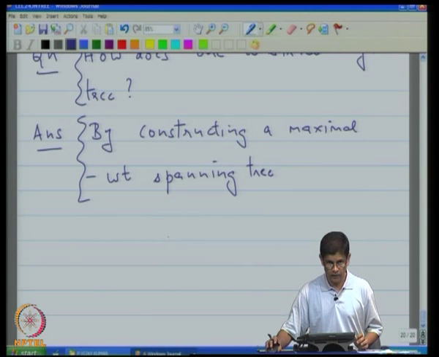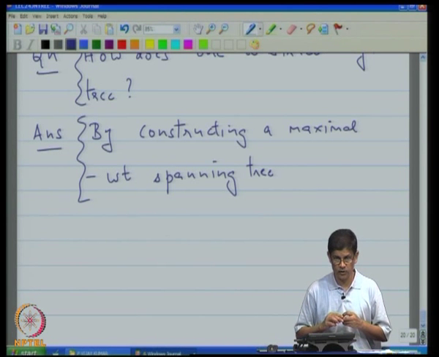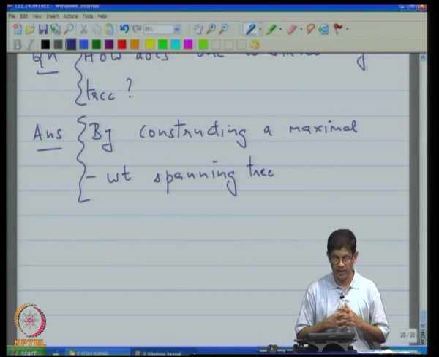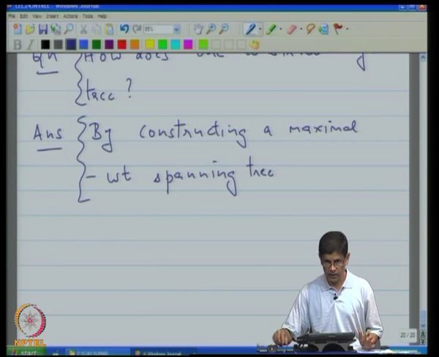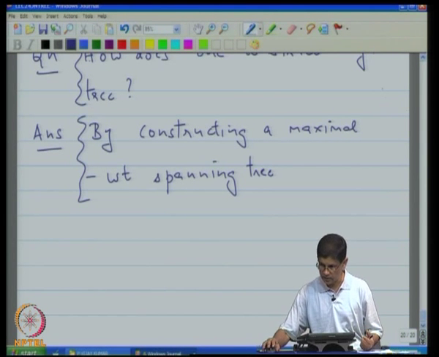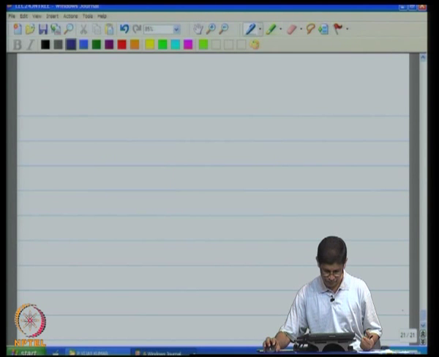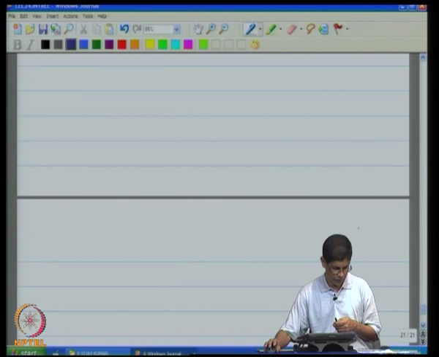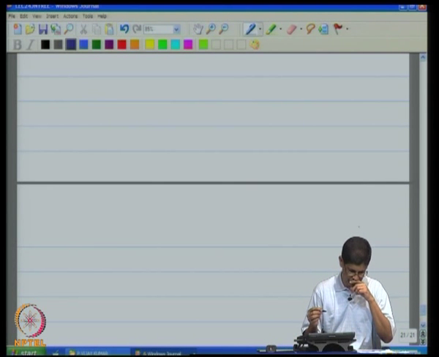In the literature, typically you will see references to algorithms for constructing minimal weight spanning trees, but it is not hard to see that you can adapt a construction for a minimal weight spanning tree into a construction for a maximal weight spanning tree. So, what is the connection? The connection is this.